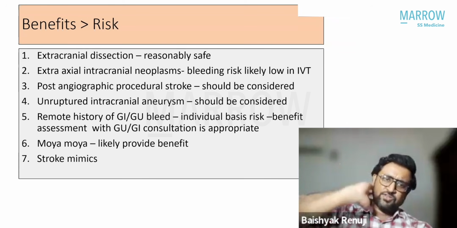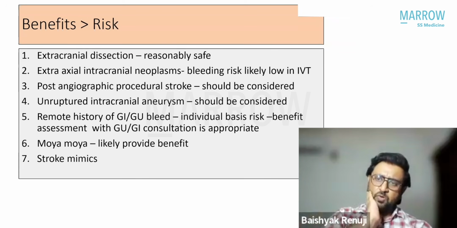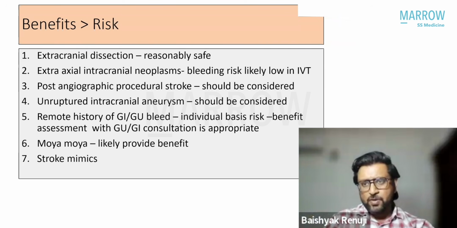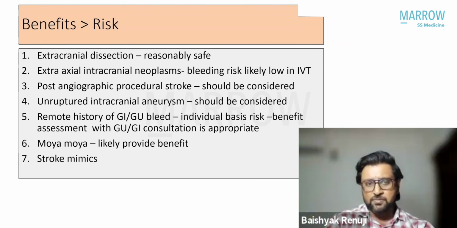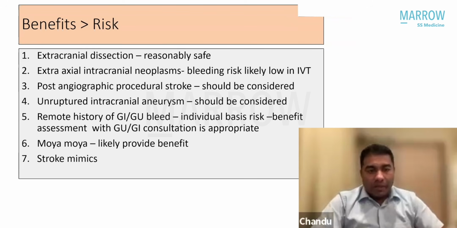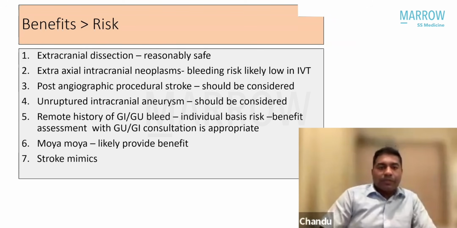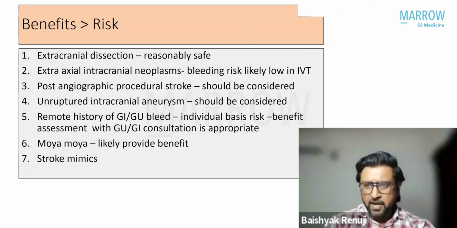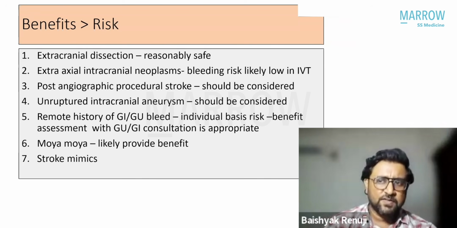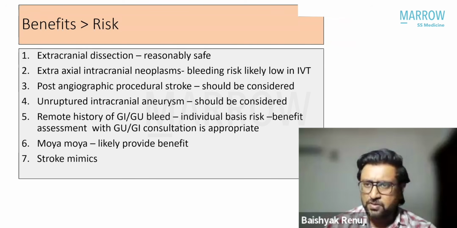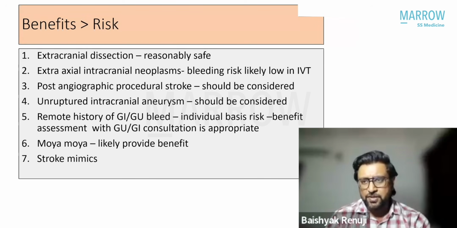Moya Moya is again confusing for me because Moya Moya in older adults can present with bleed. Moya Moya vessels can bleed. So Moya Moya is one we have to be a little careful of, no? Yeah. And practically, many times the stroke which happens in Moya Moya usually recovers with improving the perfusion, and they usually have minor strokes.